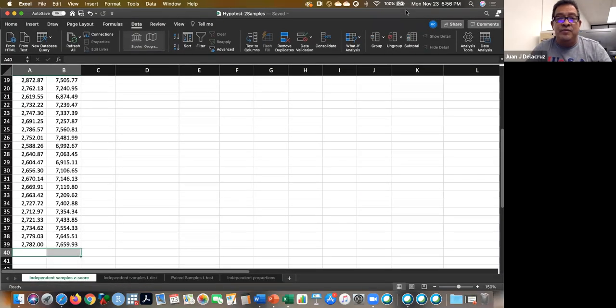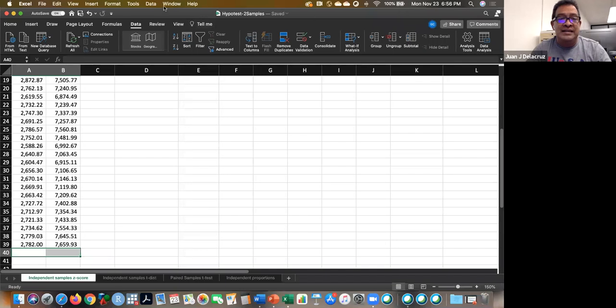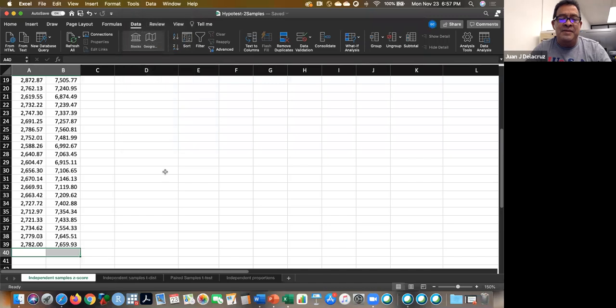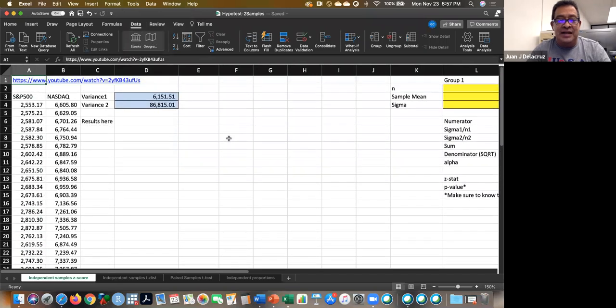Once again, for Excel on Mac it is very simple: go to Tools, go to Excel add-ins, and then add this package. If you are using Office 365, I think there might be some guidelines on how to do it. It's not that difficult. I'm very sure that anybody can do it.